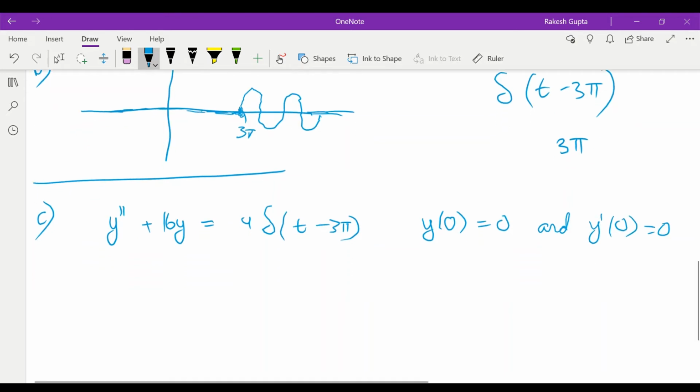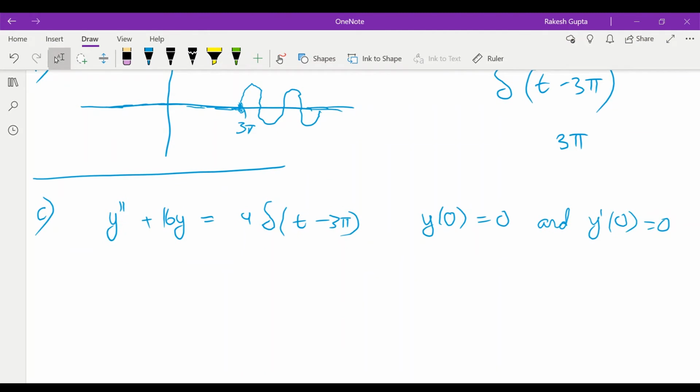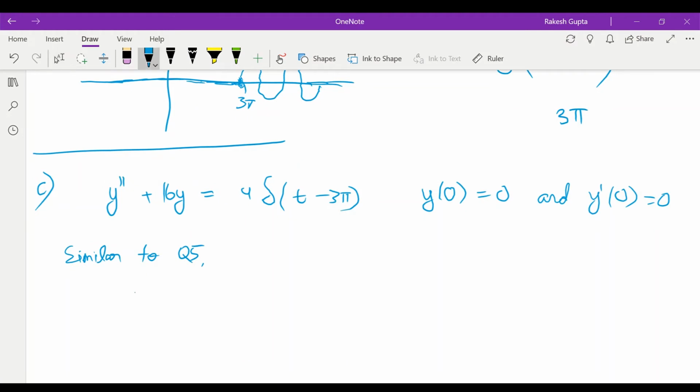Similar to the fifth question, we have the formula for the Laplace of a double derivative. Laplace of y double dash is given by s square into Laplace of y minus s into y of 0 minus y dash of 0.